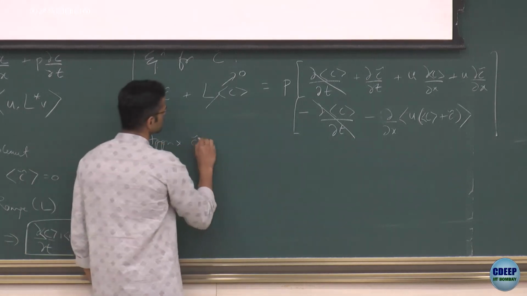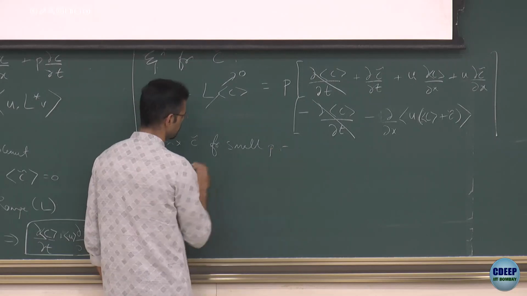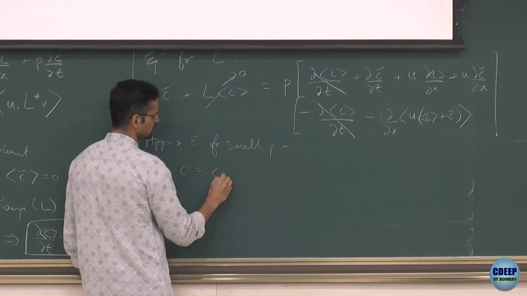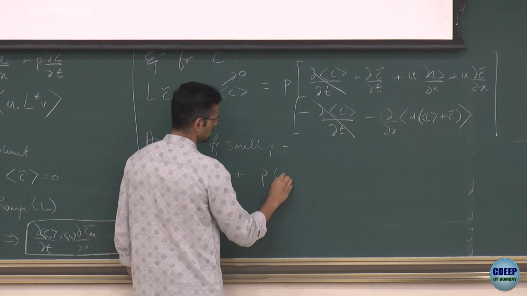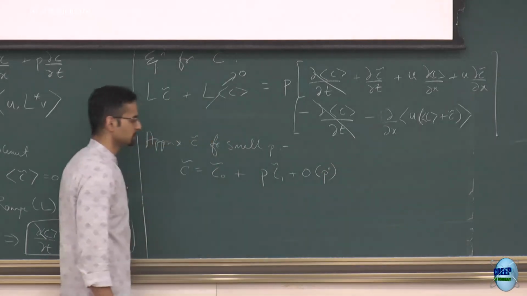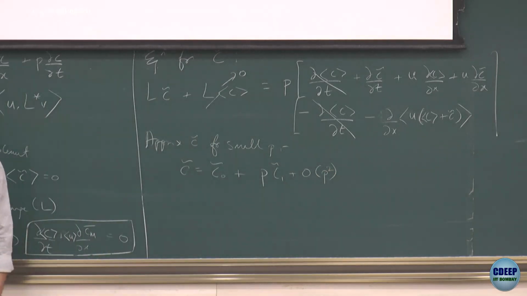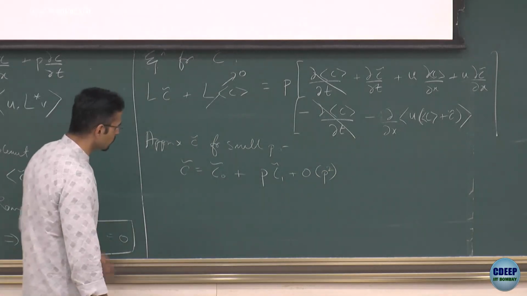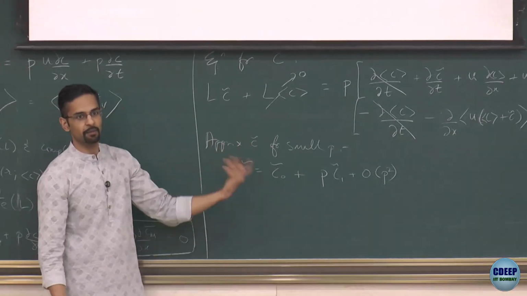I'm going to approximate C tilde for small p. Okay, so I'll do the standard thing. I look for a Taylor series type expansion of C tilde. Now notice when I tried to do this right in the beginning for C, I had a problem, right?